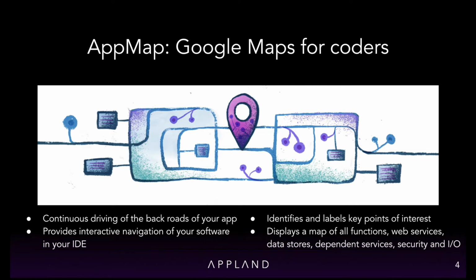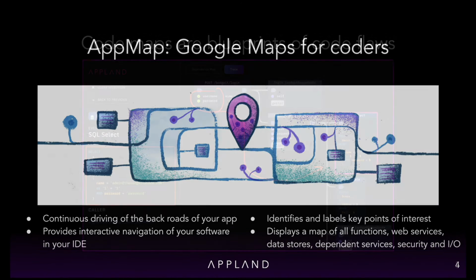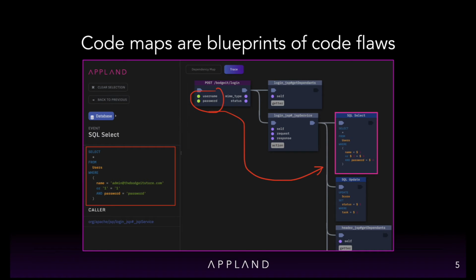The mapping feature shows you how functions, web services, data stores, security, I/O, and dependent services all work together. Appmap is different from any other software intelligence tool you've used because it collects information about how it works when the application runs.